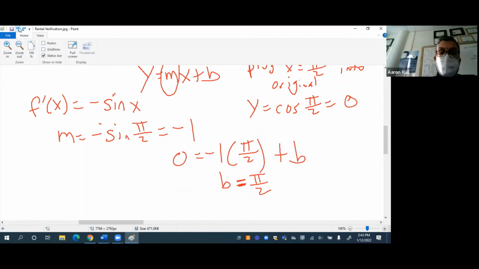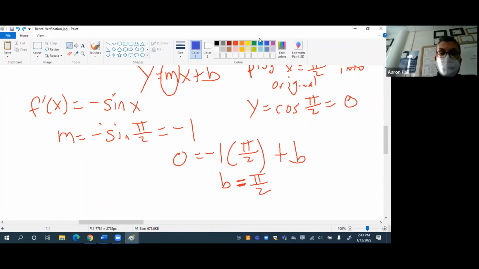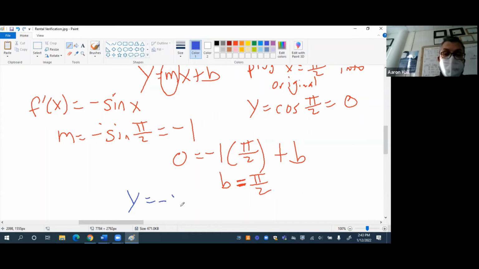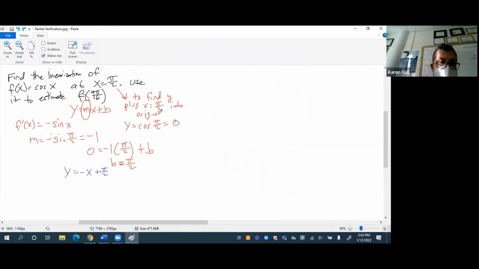Yep. So what's our tangent line? Tangent line is y equals negative 1x plus pi halves. Okay. But what was the goal? What are we trying to do?